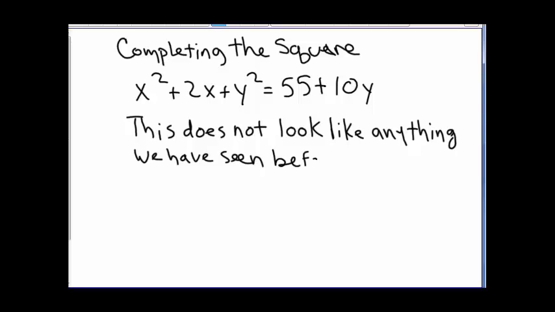And we have not seen anything like this before. We've got x squareds in it, we've got y squareds, we've got x to the first, y to the first, and constant values. So we need to break this down into the steps that we need to use.